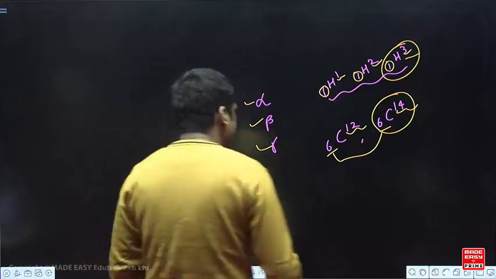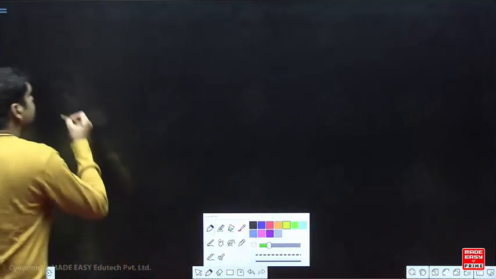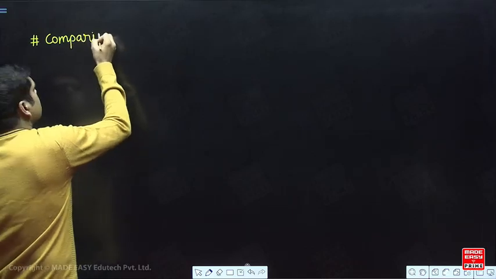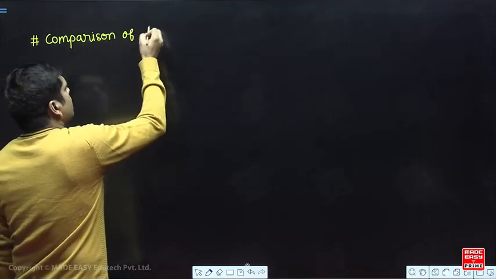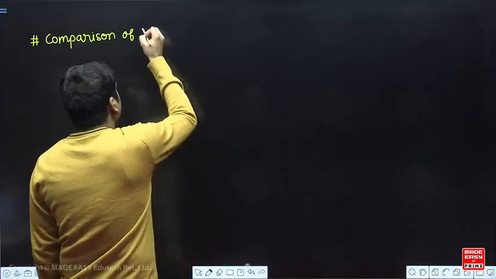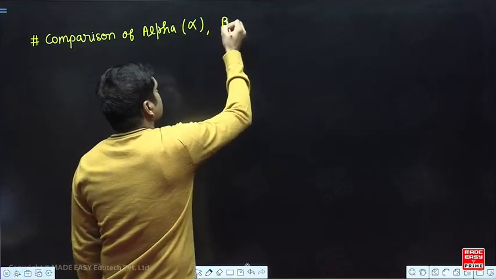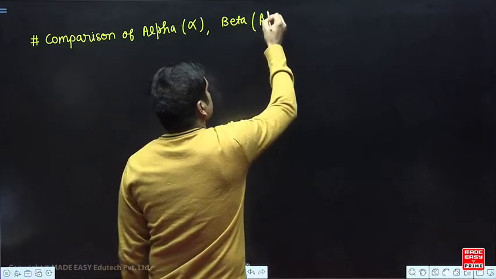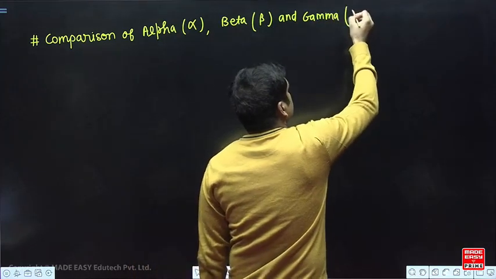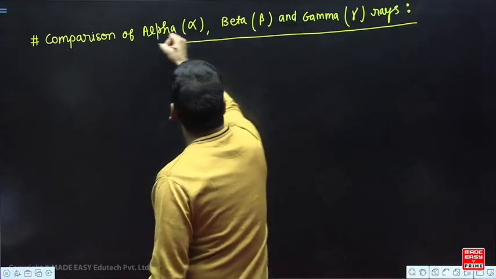So I am directly coming to the heading that is known as comparison of alpha, beta and gamma rays.